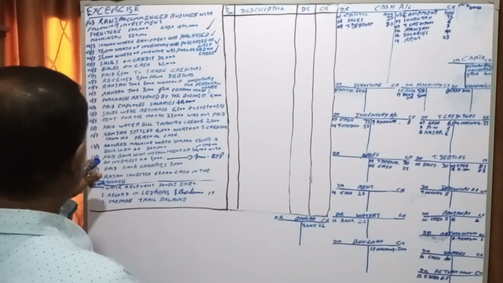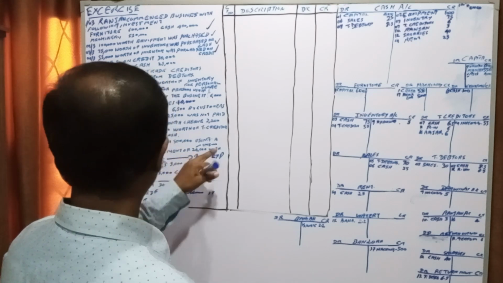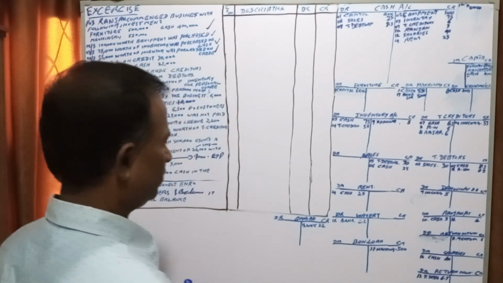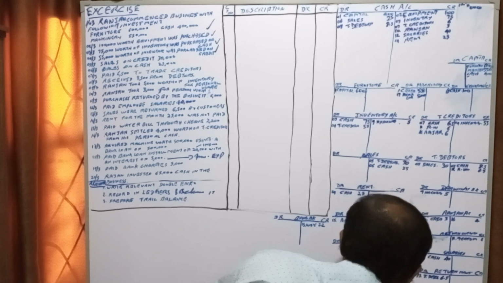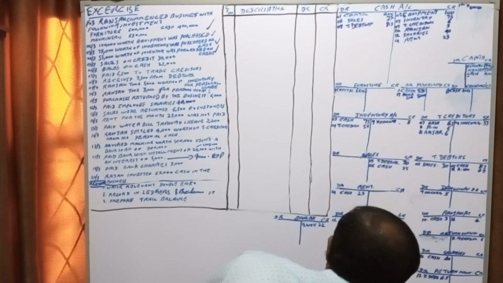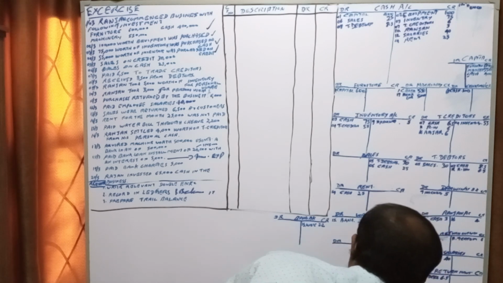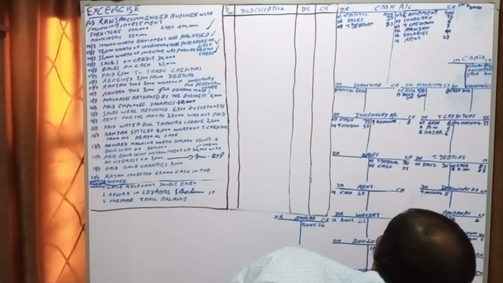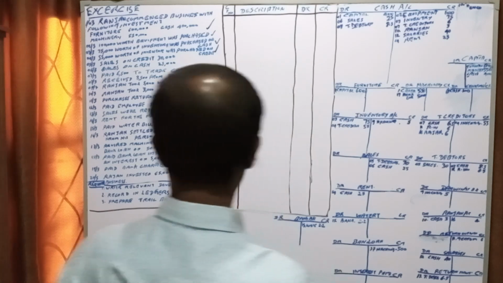Now 18th March, paid bank loan installment of 24,000 with an interest of 5,000. We have paid interest and repaid the bank loan. Yes, we had to open an interest account, DR CR, interest paid and bank loan.